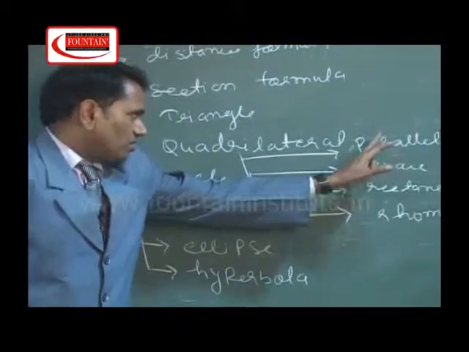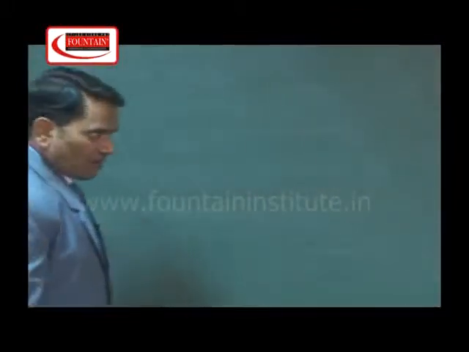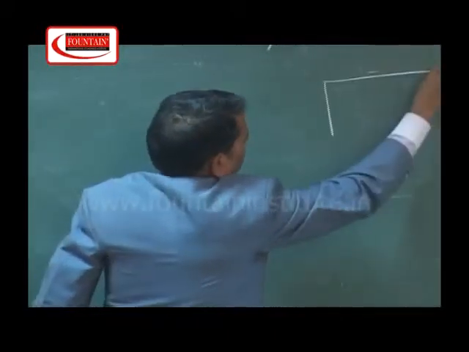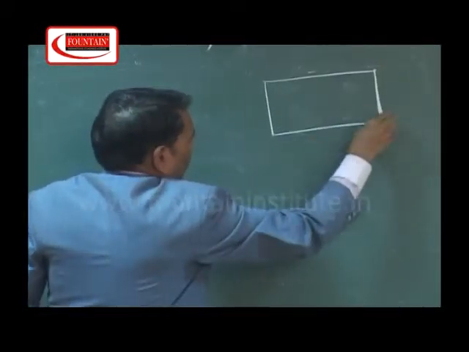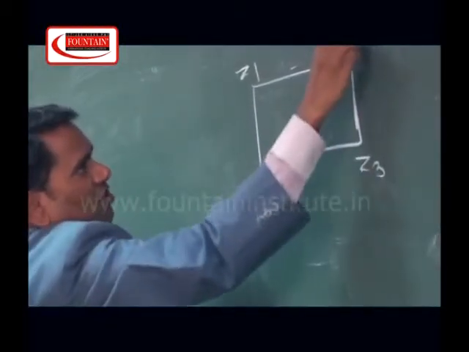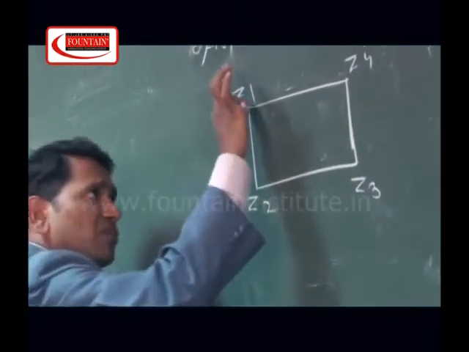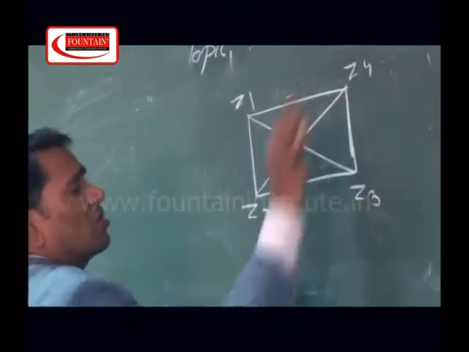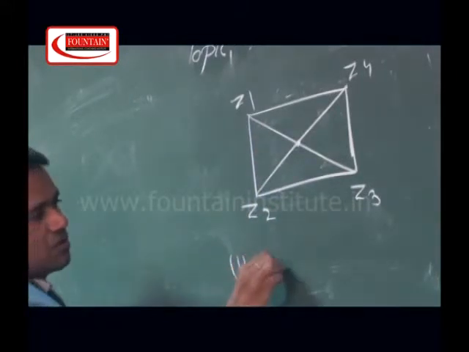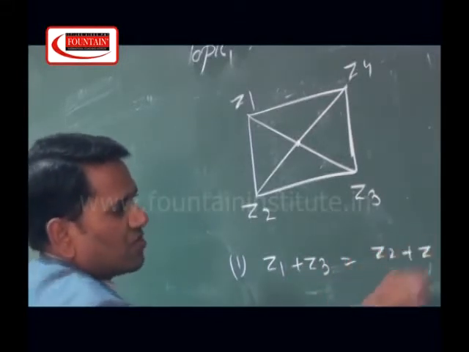We have seen parallelogram and square, then we will see rectangle. Any quadrilateral or any parallelogram will be a rectangle if and only if, if z1, z2, z3, z4 are the vertices of a parallelogram, it will be a rectangle if and only if this is the first condition: z1 plus z3 is equal to z2 plus z4.